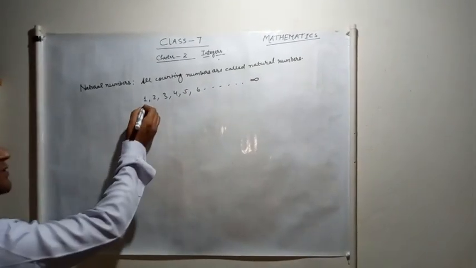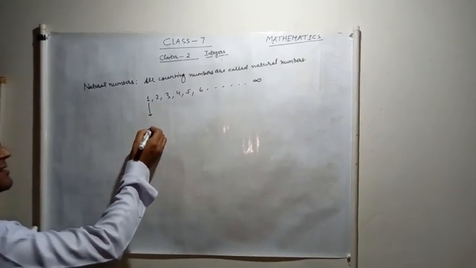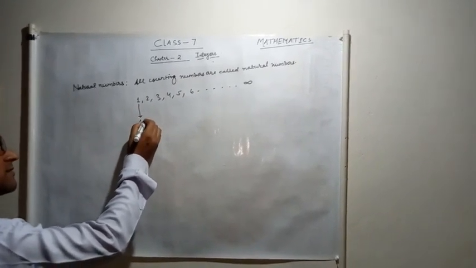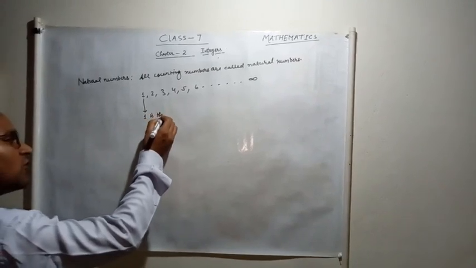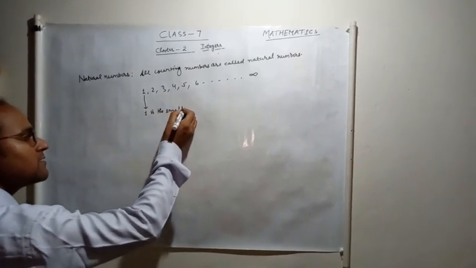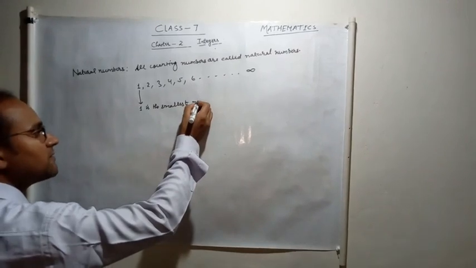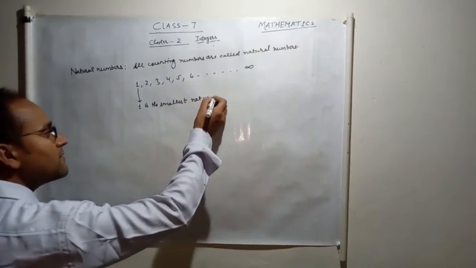It means that the first one is the smallest natural number.